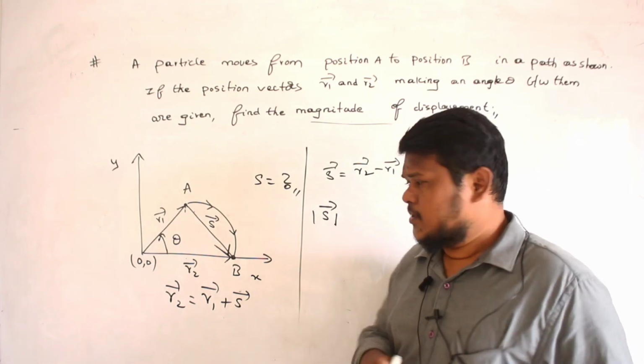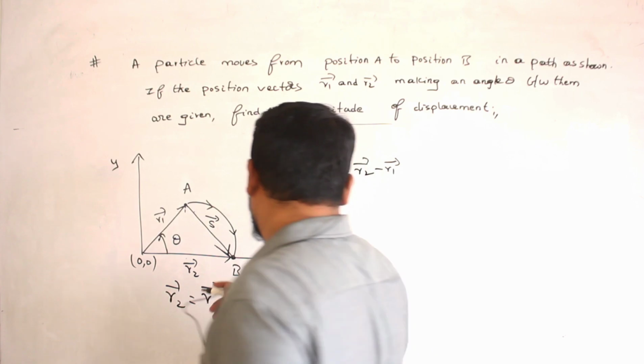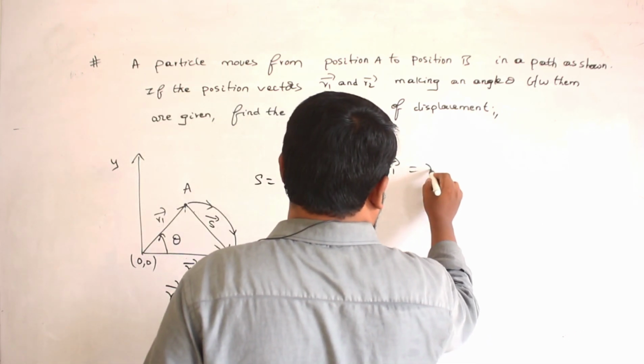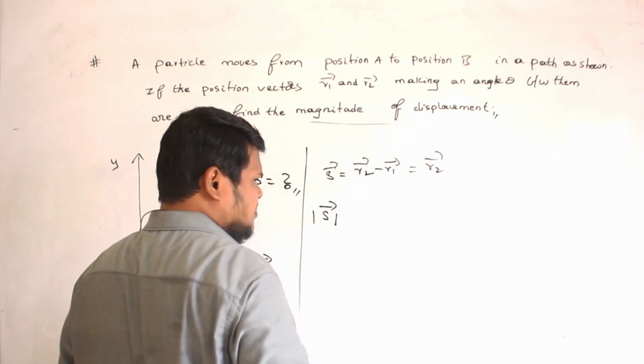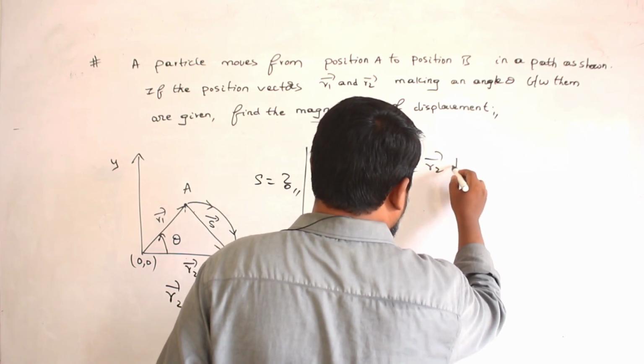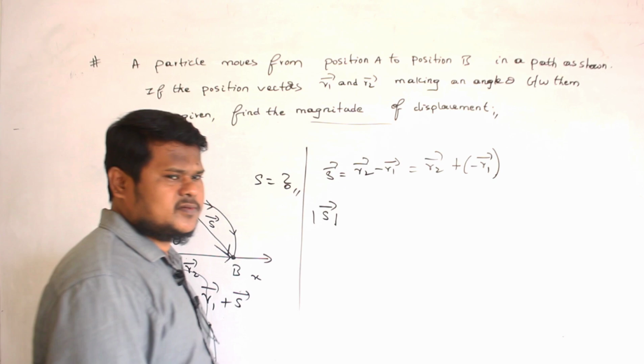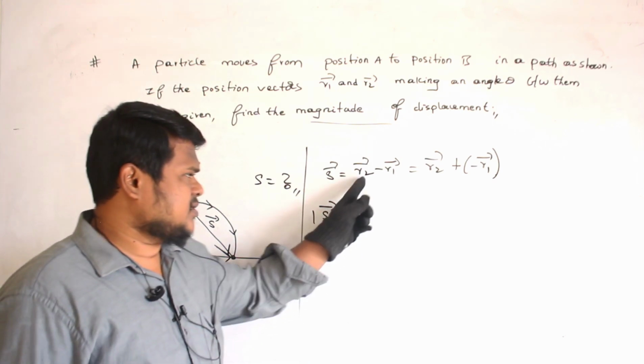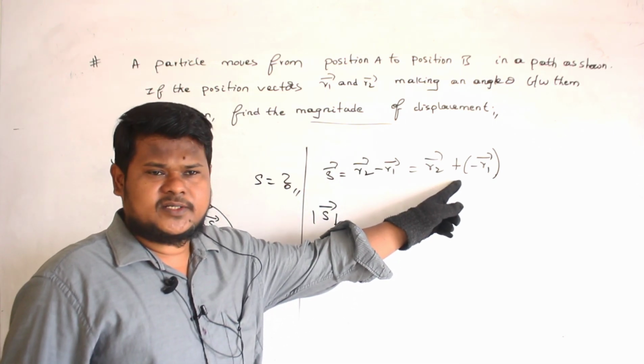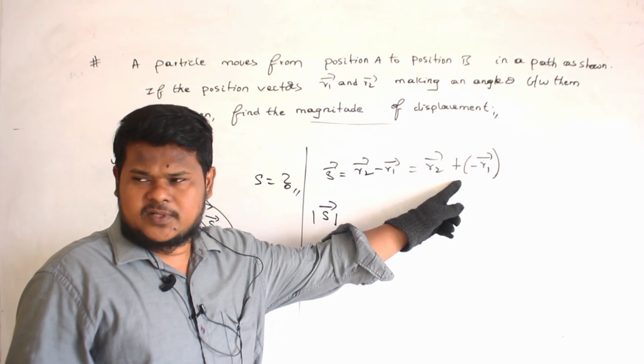Are you able to understand? So what I will do is write this r2 dash minus r1 dash as r2 dash plus (minus r1 dash). This we have already studied in vectors. So this one I can write in terms of addition also, because I have rules only for addition.